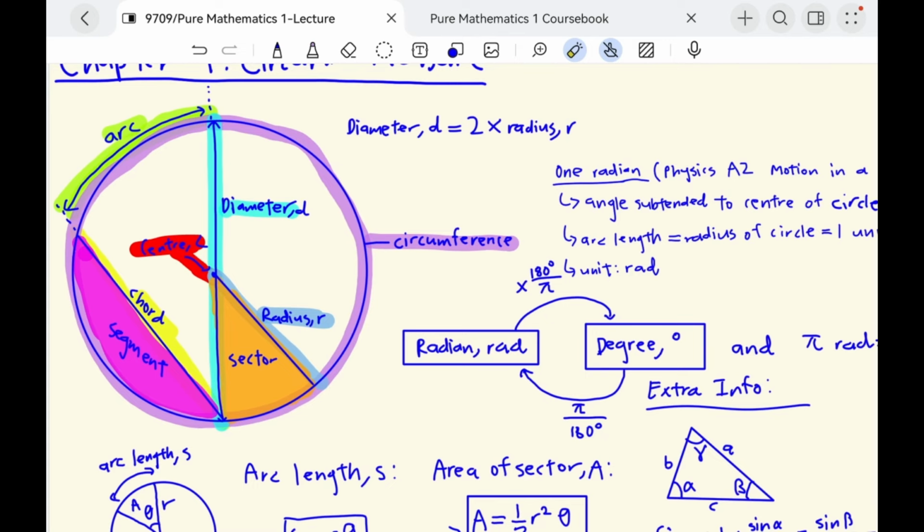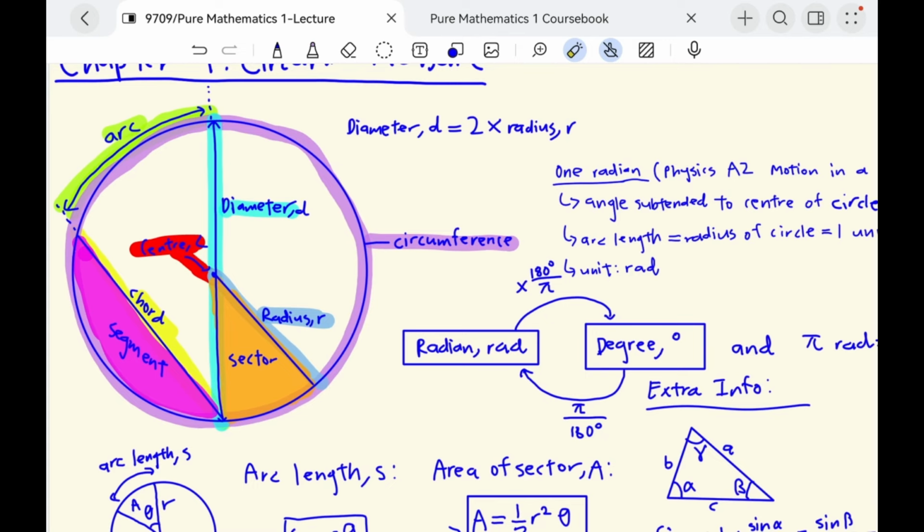We will discuss the formula to find the arc length later. If the arc length occupies the entire circle, what is it called? It is called the circumference. So circumference is the perimeter of the entire circle, which rotates 360 degrees.